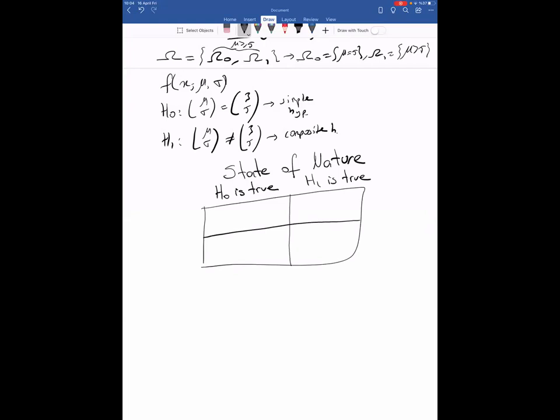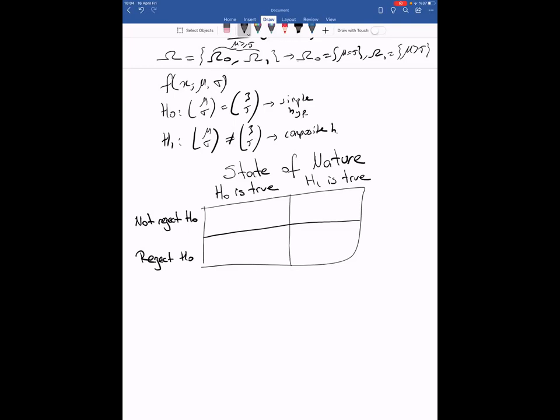So we can not reject H0, or we can reject our hypothesis. So we don't know which one is true. Actually, we will never know, because we don't know the exact value of the population parameter. If we knew that, then we wouldn't need hypothesis testing, right?